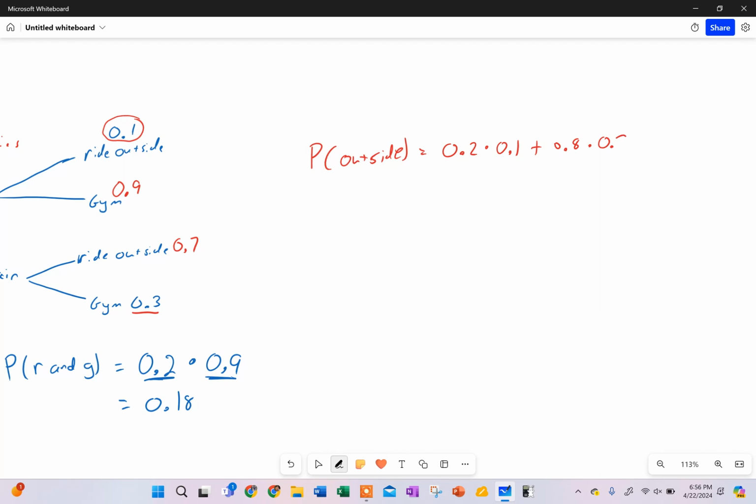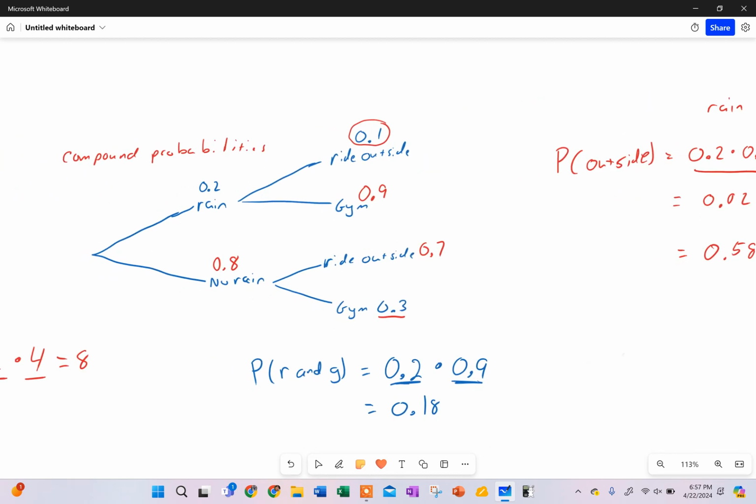So I had to add, because this is going to be if it rains or if it doesn't rain. And so here I got 0.02, and here I get 0.56. And so the probability will be 0.58. This one was a little bit trickier. But that's how it works.